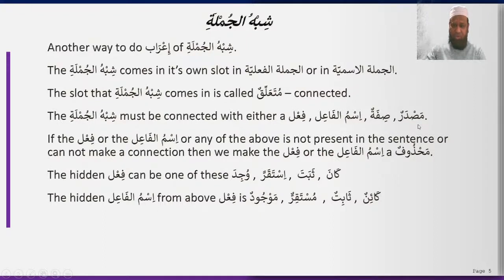If we connect with masdar, muta'allaq. So fail, if we connect with kana, so kana will be muta'allaq. Thabata is muta'allaq. And istaqarra is muta'allaq. Ka'inun muta'allaq. Thabitun muta'allaq. Mustaqirrun muta'allaq, mawjudun muta'allaq. But shibhul jumla is muta'alliq, the lam is a kasra, muta'alliq, and these will be muta'allaq, the lam will have a fatha. Okay, I hope you understood.